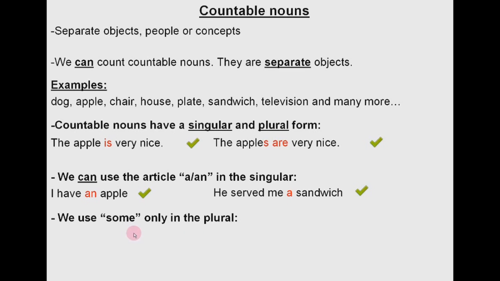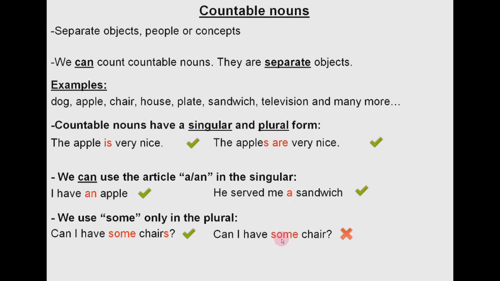And we can also use the word some when we use the countable noun in the plural. So if we want several chairs, we say, can I have some chairs? Chairs is in the plural, and we say some.